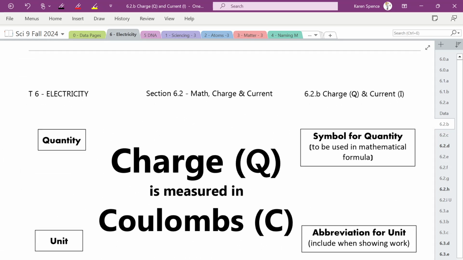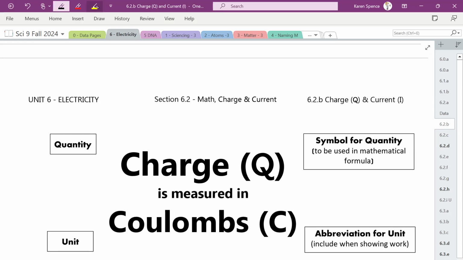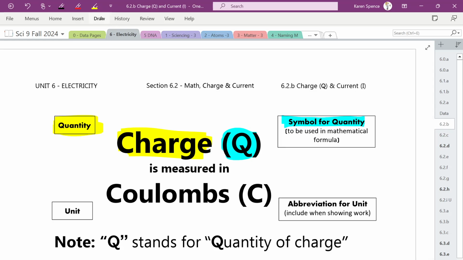Now, if you remember, charge is the quantity, but the symbol for charge is not C, it is Q. Which is a little inconvenient because normally, velocity was V, time was T, they had normal sort of things, but charge is represented by the letter Q. So that is our symbol for the quantity is Q. And the unit of charge is the coulomb, or buckets of electrons.